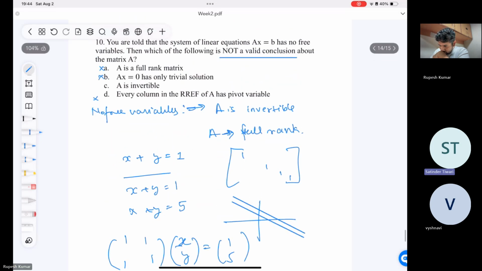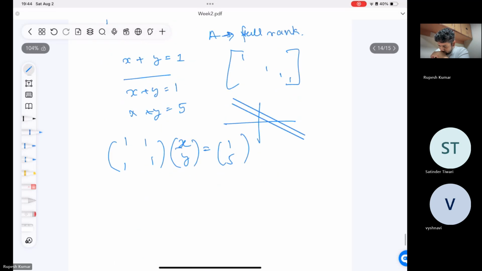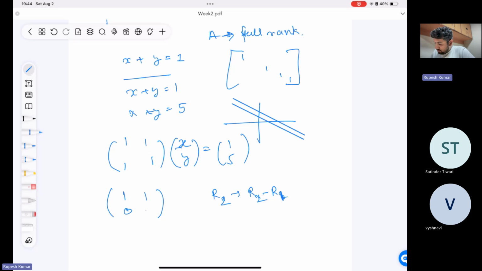Let's see this one. You can't actually convert this into the RREF form. I mean, you can always, right? You can say R2 is R2 minus R1. So you will get 0 0 in the first part and 1 5 on the right, right?